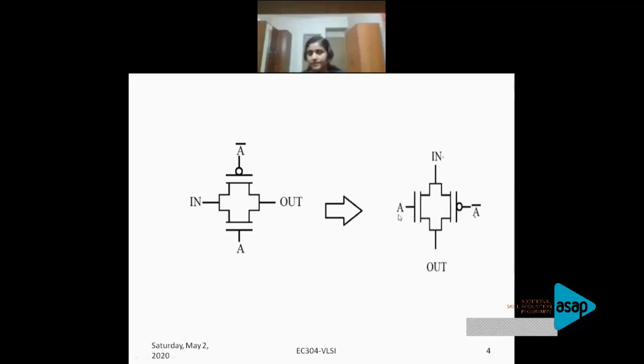If I am providing A as the gate signal for one of the gates, either NMOS or PMOS, the other one should be the complement of it. So if it is A here, the other one is A bar. Or if it is A bar here, the other one is A. That is how your transmission gate is. The gate signals are complements of one another, and then you have the input and the output. When I said NMOS and PMOS are connected in parallel, this is how they are connected in parallel.